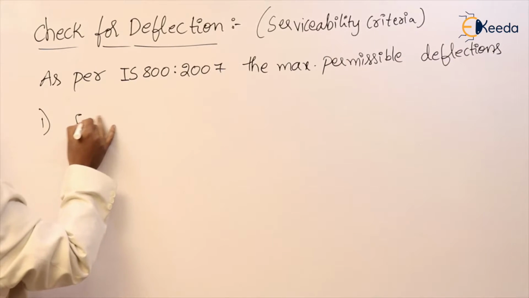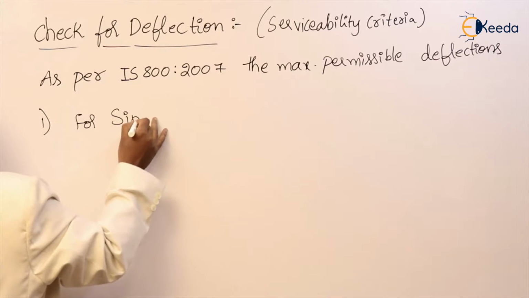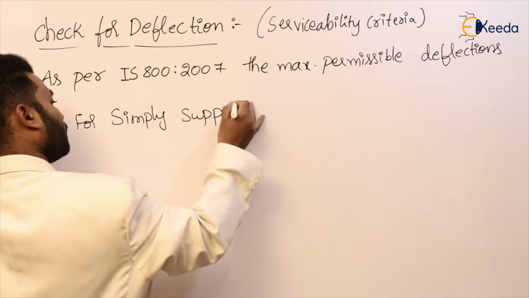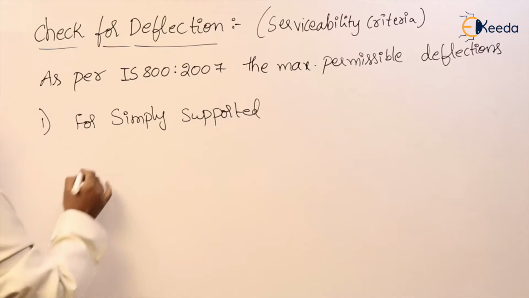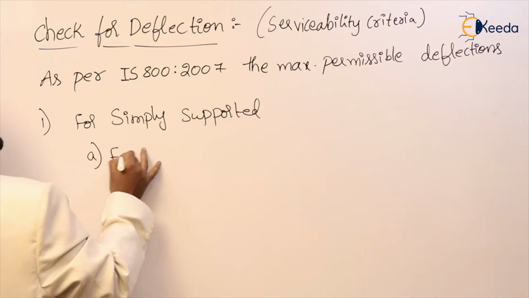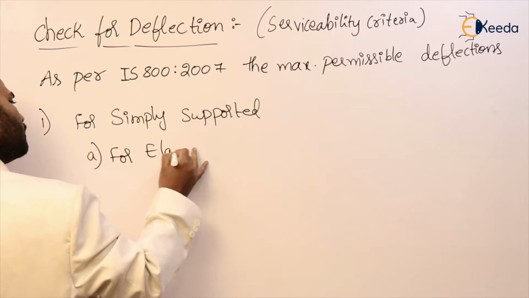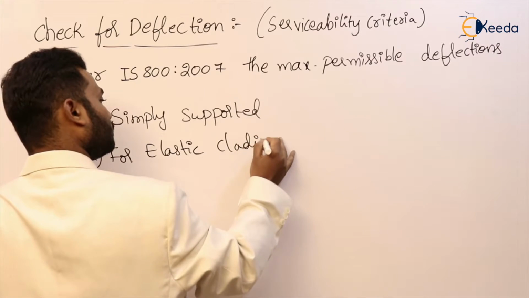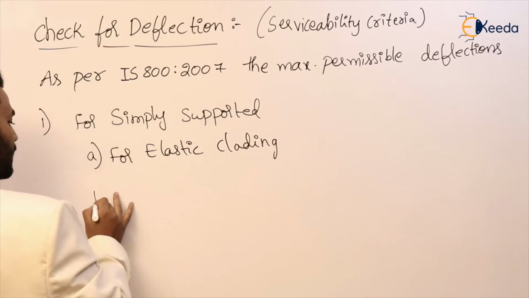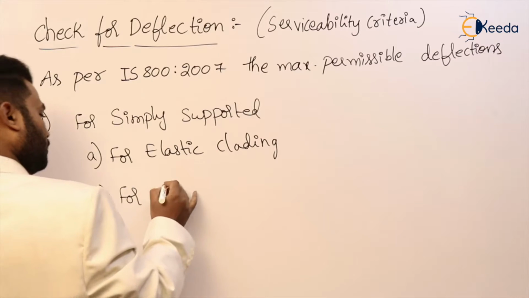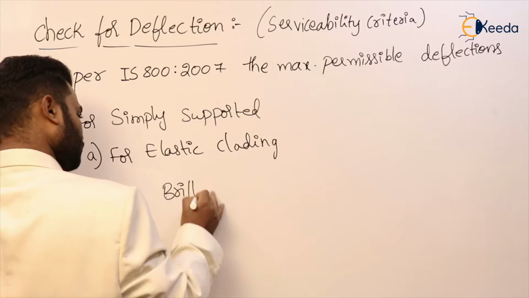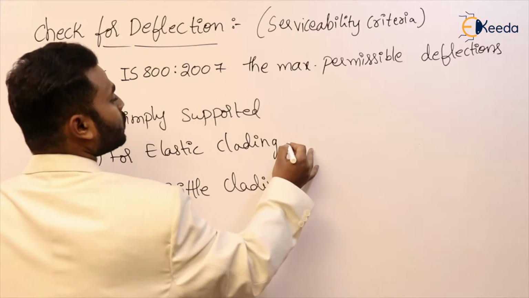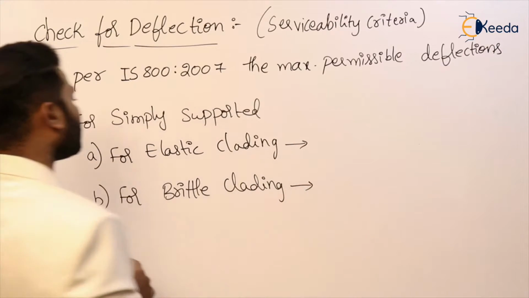First, for a simply supported beam, there are two cases: elastic cladding and brittle cladding.